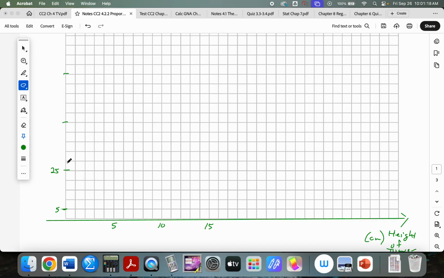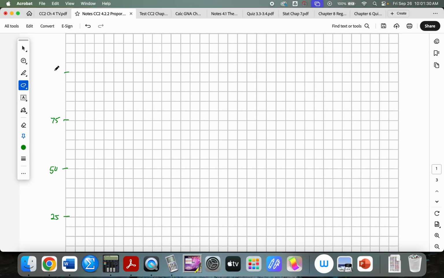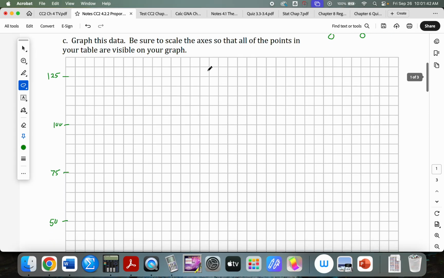So then 30 would be the next one. So it's 30, 35, 40, 45. This would be 50. Thank you. So this would be 75. This would be 100. And this would be 125, which gives us plenty of room.